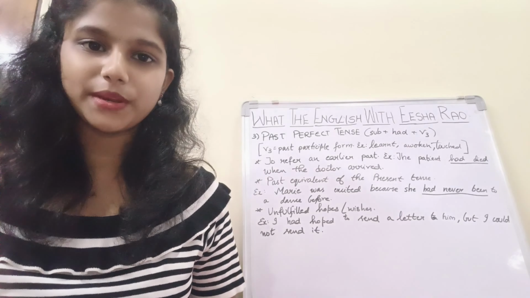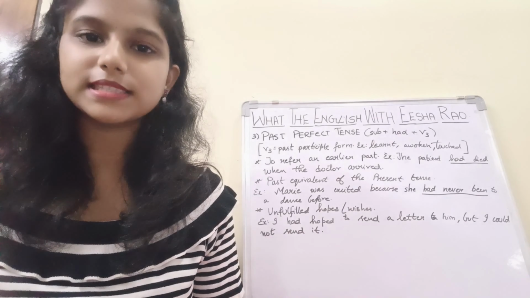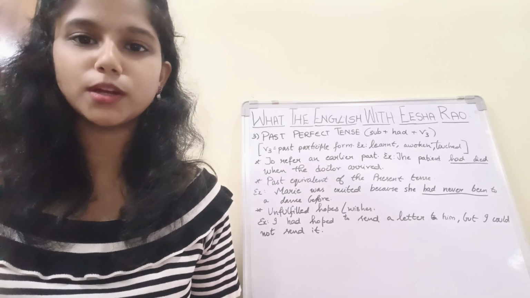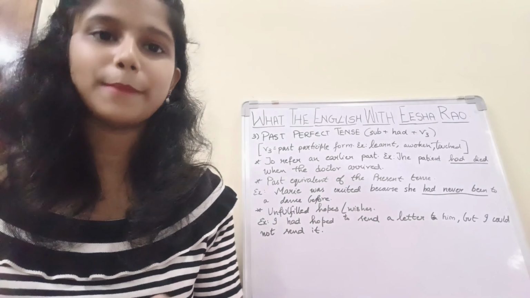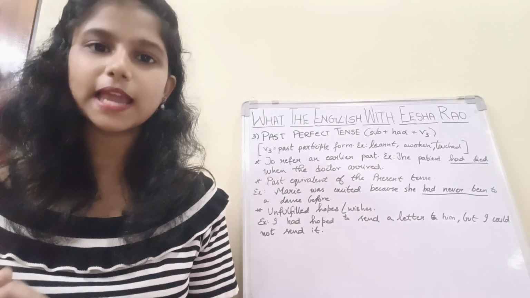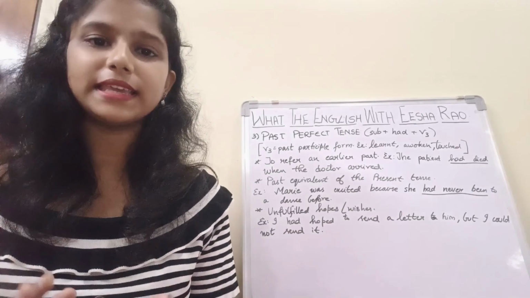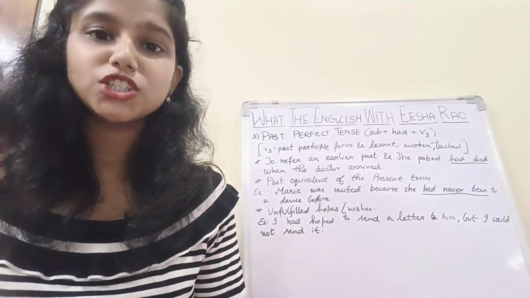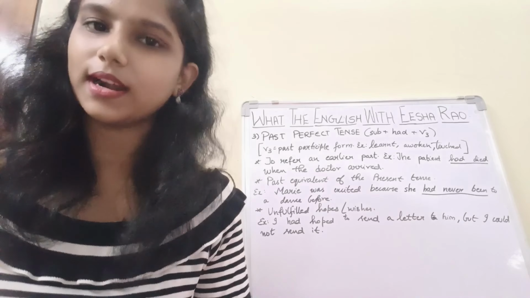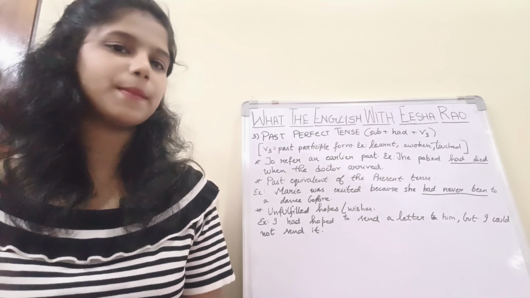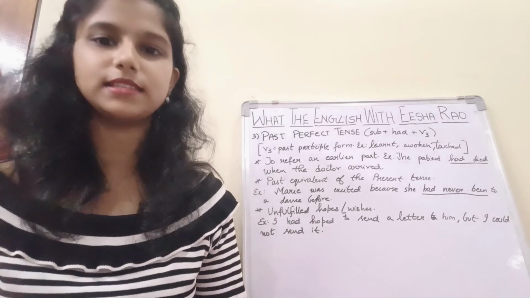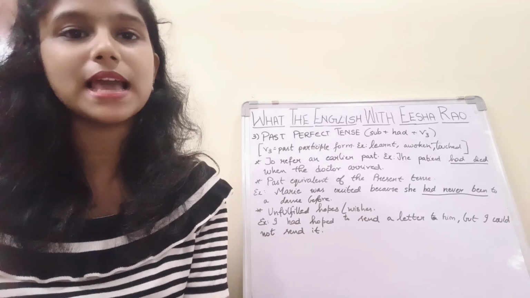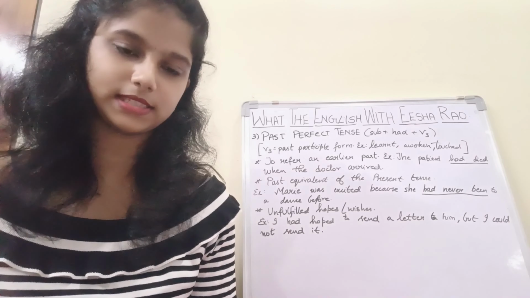Look at the example. Mary was excited because she had never been to a dance before. But the same sentence can be written as Mary is excited because she has never been to a dance before. That is what is meant by past equivalent of the present tense. It is used simply as the past form of the present tense.